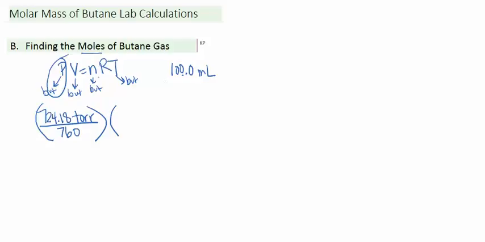So volume must be in liters when you use PV equals nRT. So when I convert 100 milliliters into liters, there's 1,000 milliliters in 1 liter. I get 0.1000, all those significant digits because I had so many over here. So my volume is 0.1000 liters.